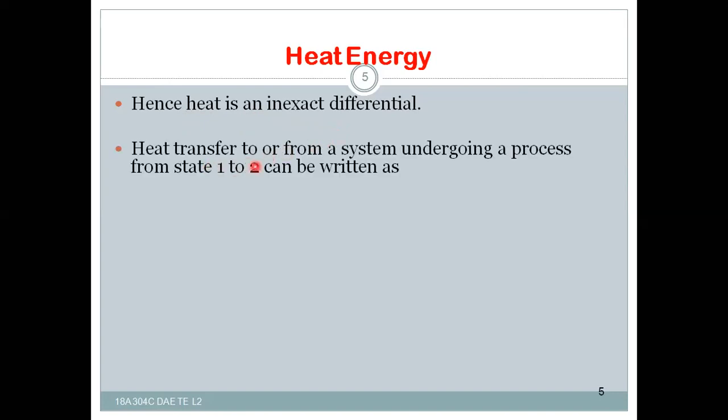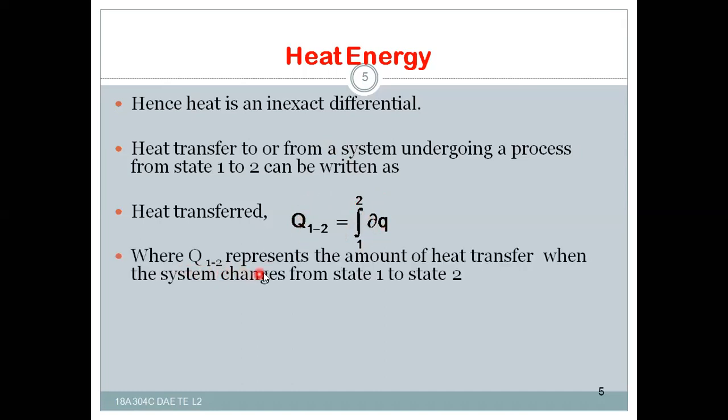The heat transfer to or from a system undergoing a process from state 1 to state 2 can be written as Q1-2 equals the integral from 1 to 2 of dou Q. Because it is an inexact differential, it is written this way, where Q1-2 represents the amount of heat transfer when the system changes from state 1 to state 2.